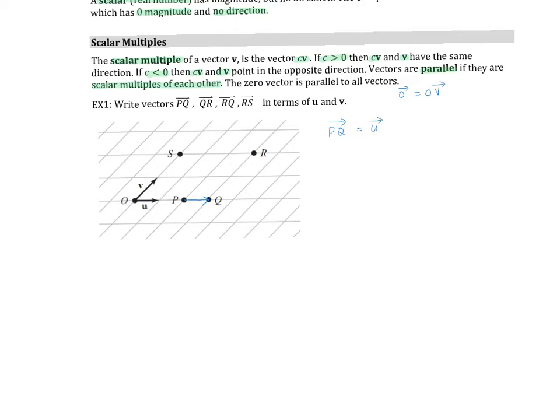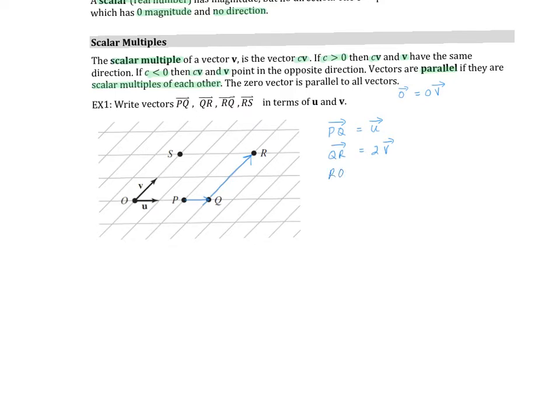Okay, so remember, vectors are equal if they have the same direction and the same magnitude. Now let's look at QR. We're starting at Q, that's our tail, and our head would be R. I notice that QR is going in the same direction as v, but it's twice the length of v, so I would write QR as 2 times v.